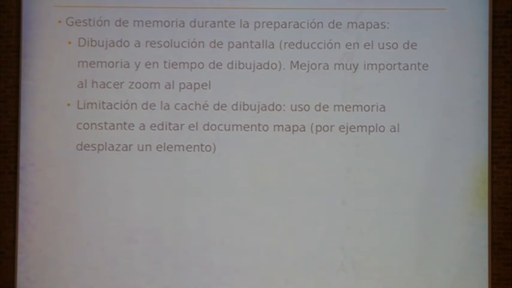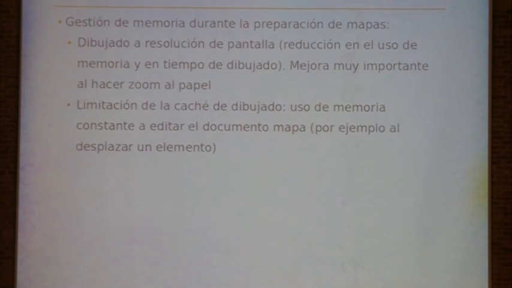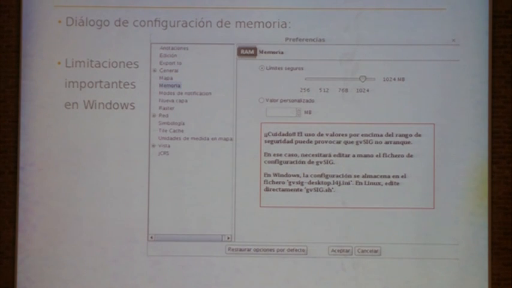With a big size of the paper, for instance, that has been optimized and is not going to use so much memory. So then we can edit the map document no matter which size the paper is, and we are not going to be left without memory.